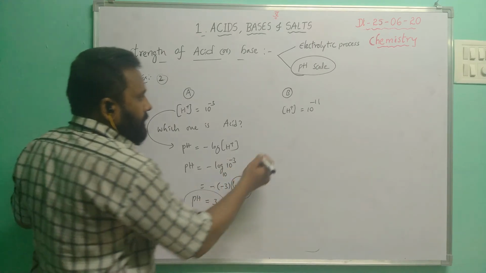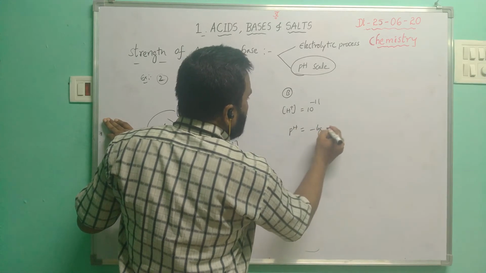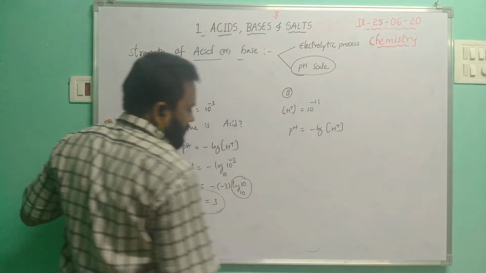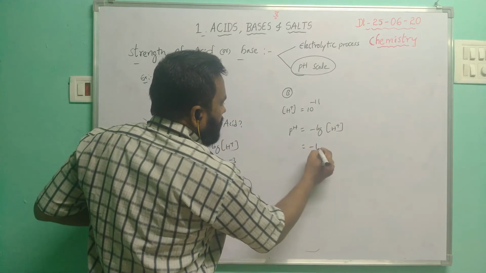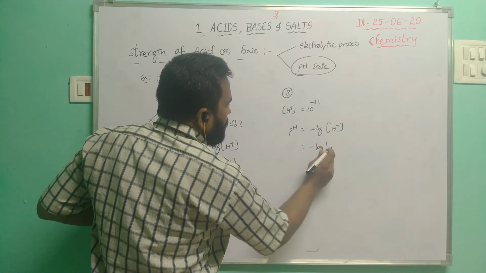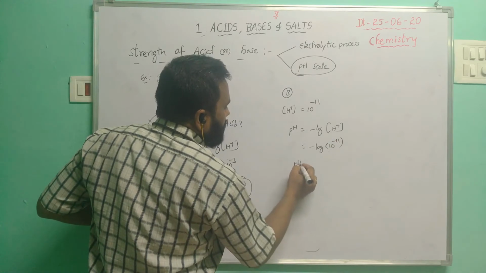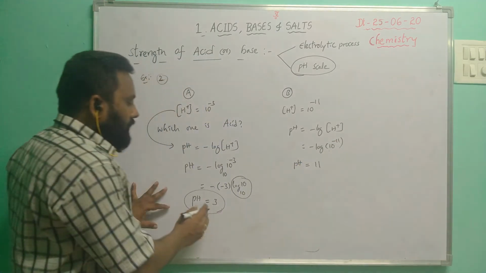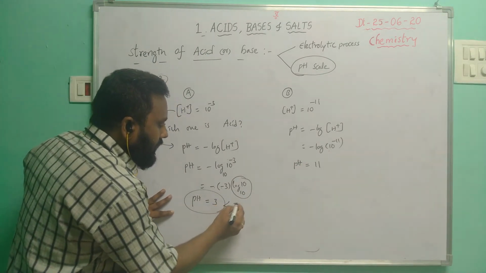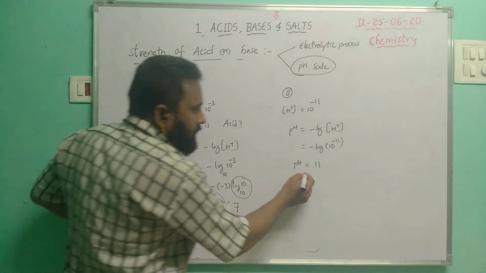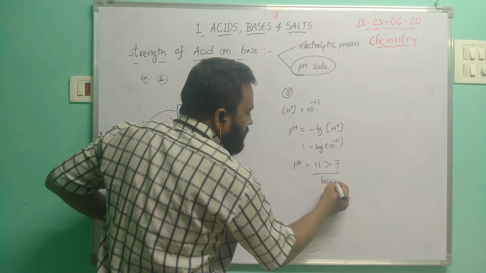We move to the second case: pH equals negative logarithm of 10 to the power of minus 11, so pH value is 11. The first case has pH less than 7, an acidic nature. The second has pH greater than 7, a basic nature.